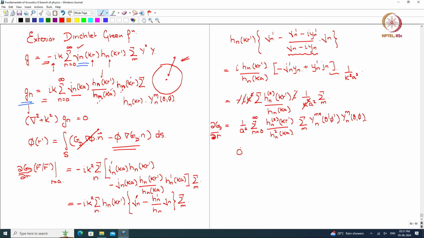So I have phi of r dash given by the integral over the spherical surface of del G_d over del r into phi of r ds, which is a square sine theta d theta d phi. Okay, so that is the exterior Dirichlet Green function.